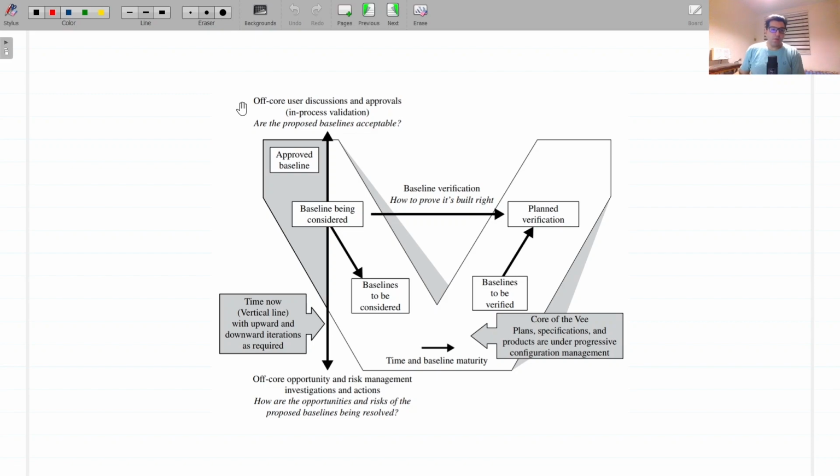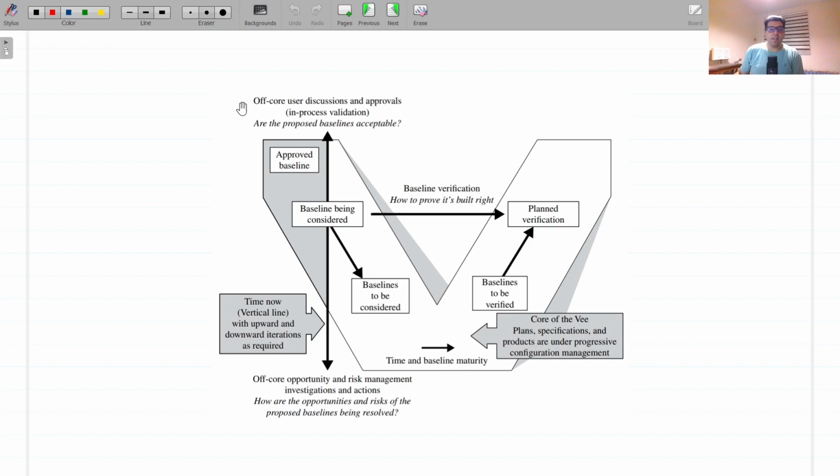With time moving to the right, the evolving baseline defines the left side of the core of the V, as shown in the shaded portion of the below figure. A key attribute of the V model is that time and maturity move from the left to the right across the diagram, as shown in the below figure.